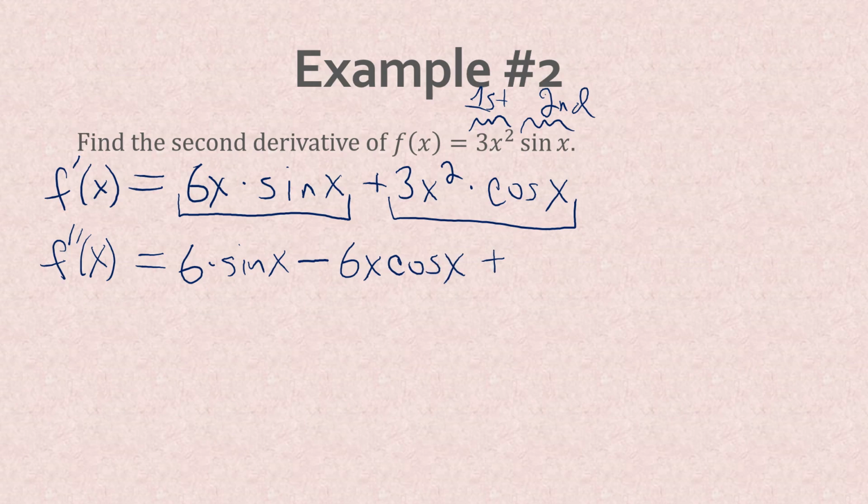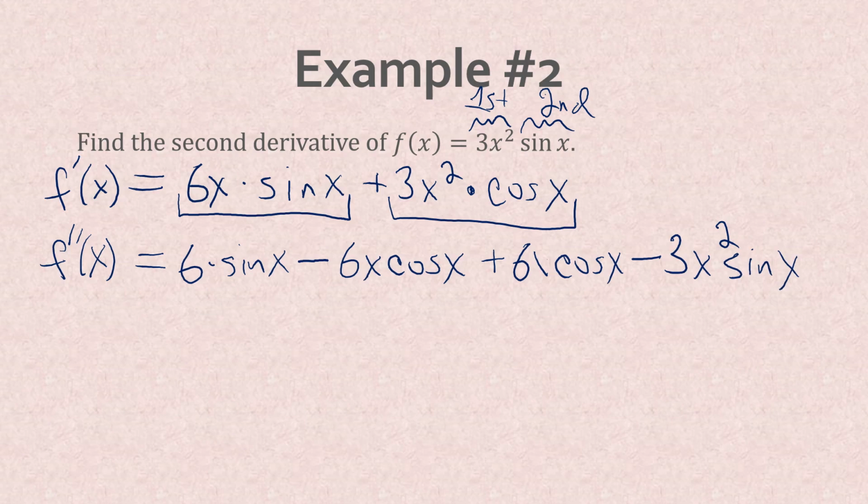Then we'll come along and differentiate the second term, again using the product rule. So the derivative of 3x² is 6x times the second, plus the first, the 3x², times the derivative of the second. The derivative of cosine x is minus sine x.